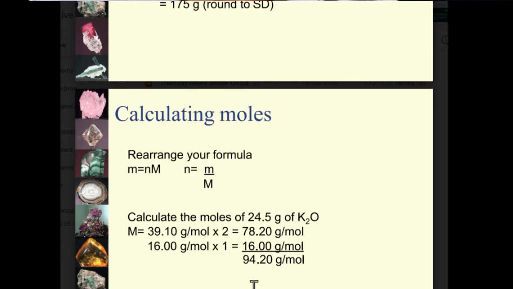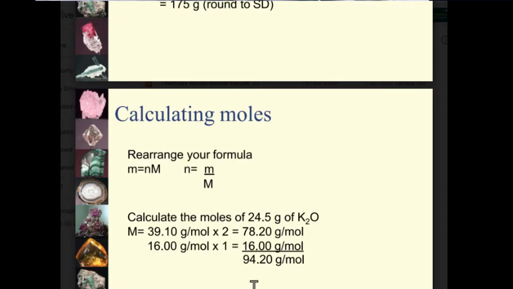You times that by 2 because K2O has 2 potassiums in it. So that would be 78.2. Next, you want to grab the singular oxygen attached to it. Now, one mole of oxygen weighs 16 grams per mole. So we go 78.2 plus 16. So the total molar mass of K2O is 94.2 grams per mole.